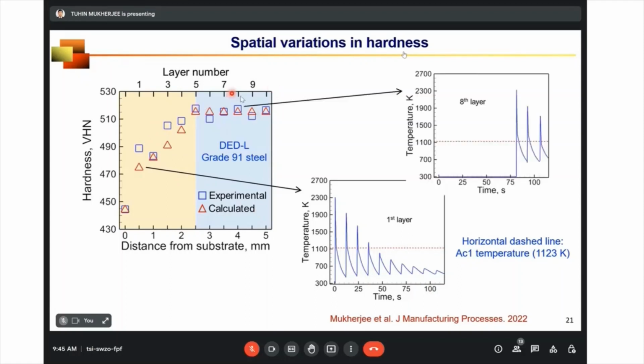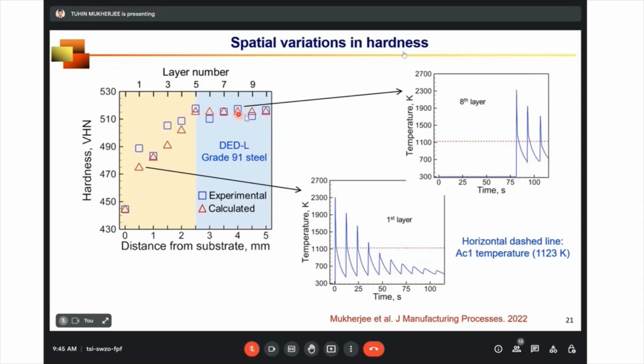But if we see the upper layers, you can see that for the 8th layer, this is the spike. For the 9th layer, this is the spike. And for the 10th layer, this is the spike. So it is not getting any opportunity where it can undergo the martensite to tempered martensite transformation. So in this region, the hardness is always dominated by martensite.